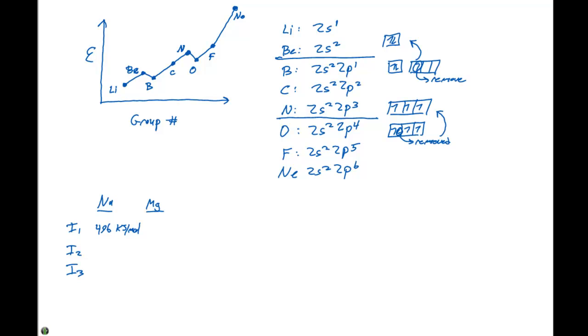The second ionization energy for sodium is 4,592 kilojoules per mole, which is a drastic jump.